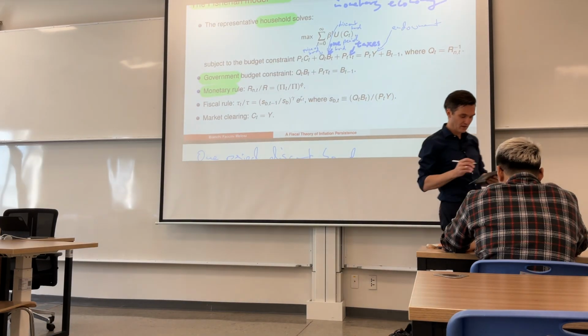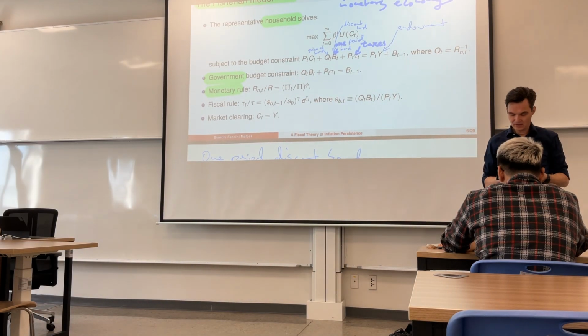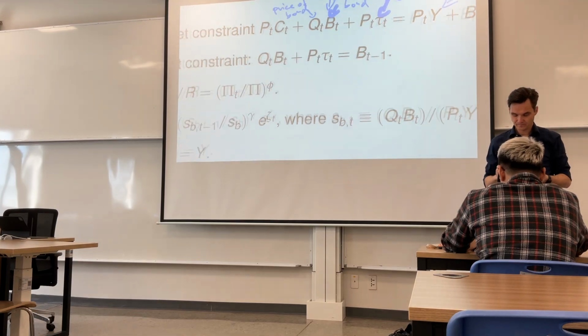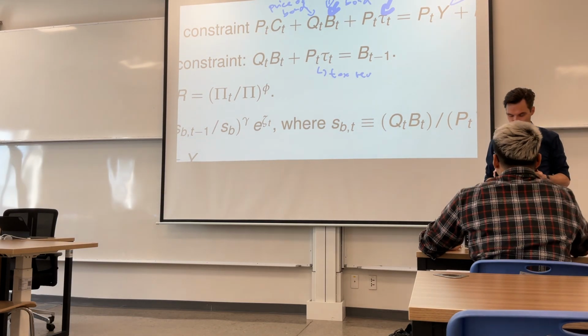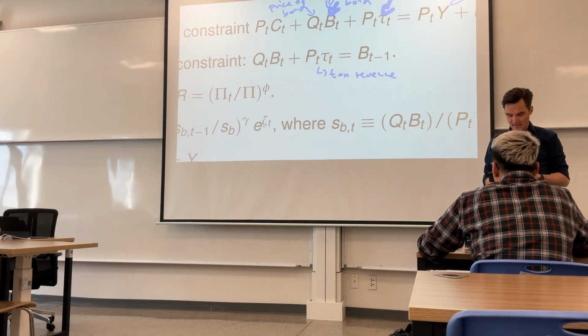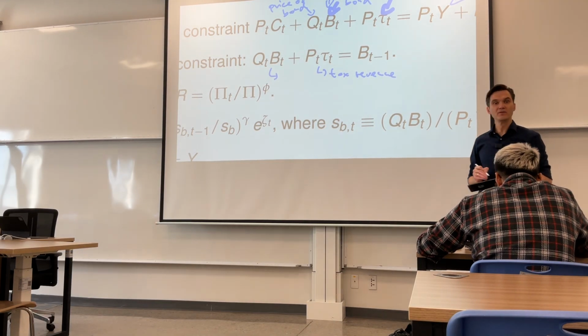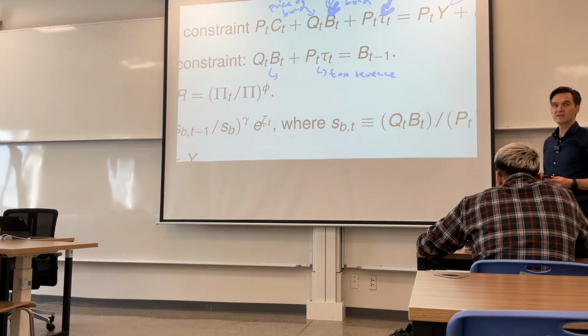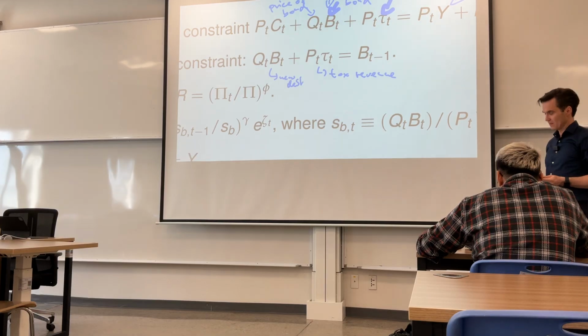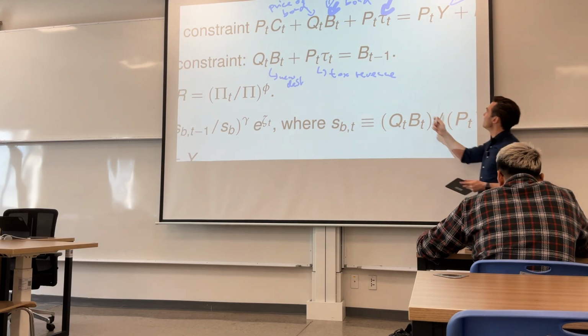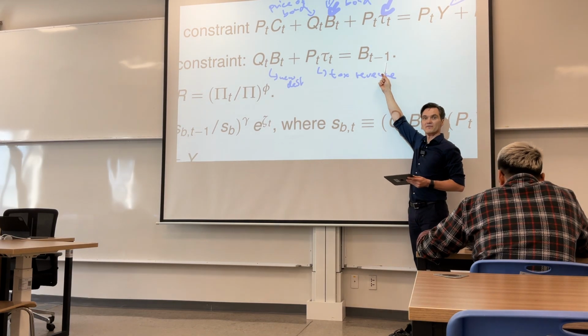So you can think about, this is tax revenue. And this is the bond, it's the new debt that it issues. And then this is repaying the debt from the previous period.